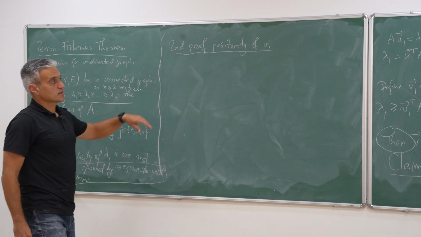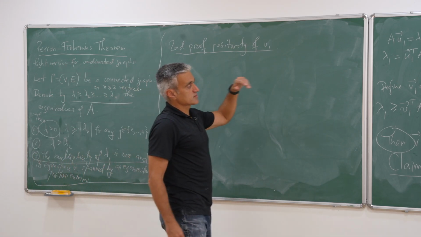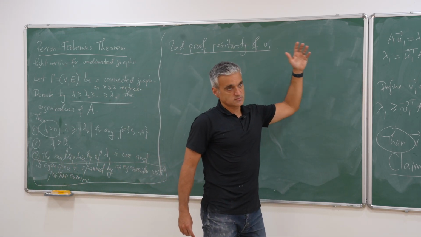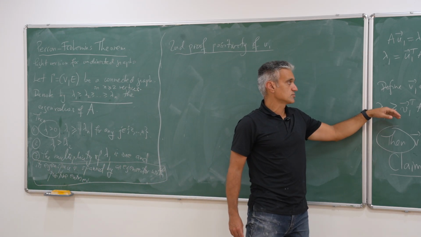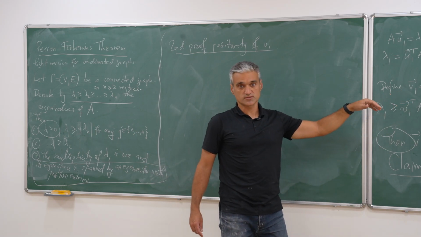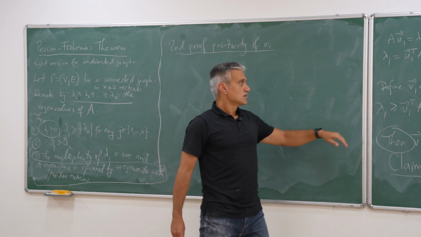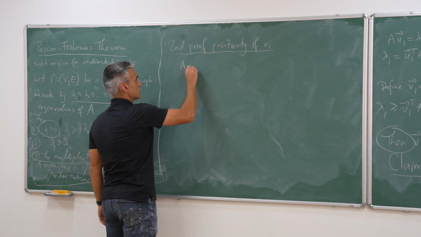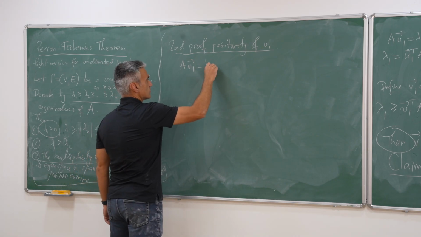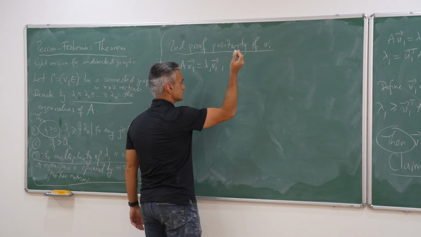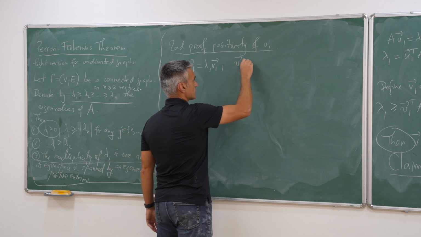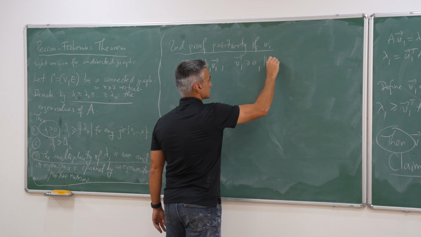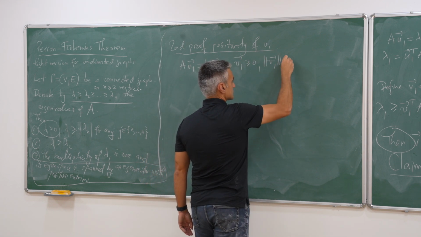So now the same thing as before. You take an eigenvector, you take the absolute value, you get something greater or equal to 0. But now, let's say I have again A v1 equals lambda 1 v1, v1 greater or equal to 0, and let's assume the length of this is 1.